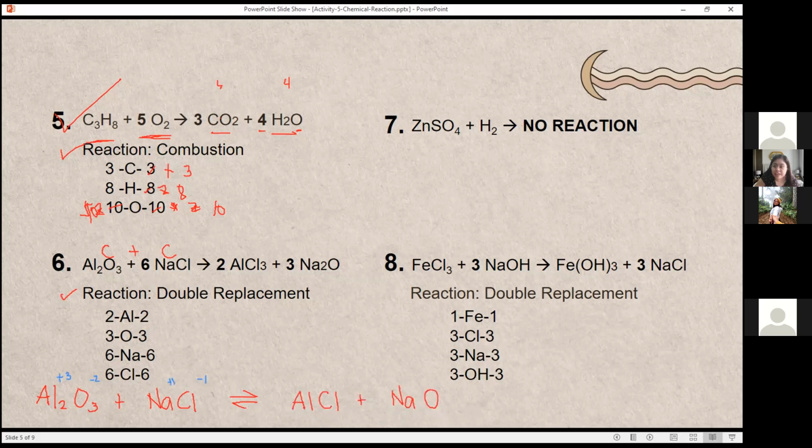That's how you do it ha. Kailangan positive sa first na compound, mag-partner kay negative sa second na compound. Pero sa pagsulat ng products class, pwedeng mauna si aluminum chloride, pwede ding mauna si sodium oxide. It doesn't matter. Parehas lang naman yon.